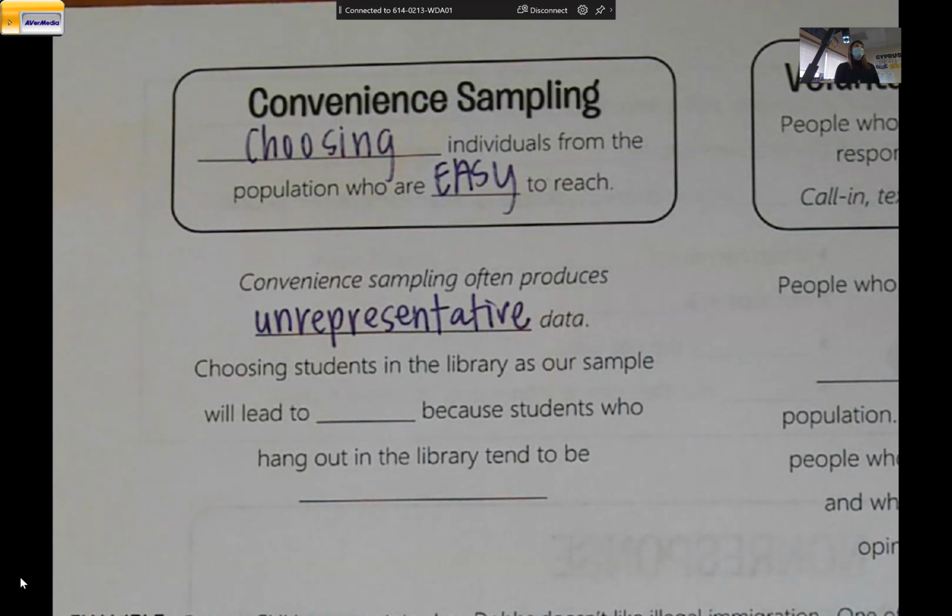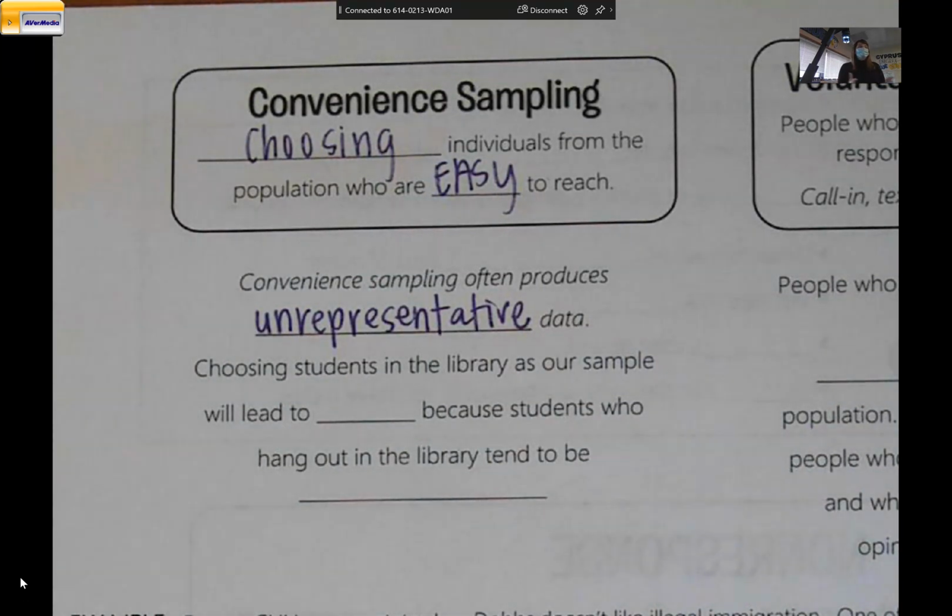I couldn't use you to represent the entire population of students that go to Cypress. Does that make sense? So you guys are unrepresentative of all Cypress High School students because you're only 11th graders. We would need 9th, 10th, and 12th as well. So when you convenience sample, you often get unrepresentative data.